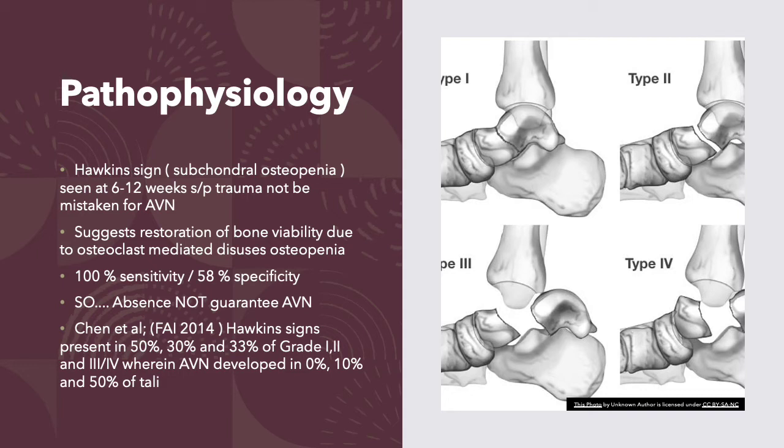And to illustrate this, Chen et al. out of Foot and Ankle International in 2014 had a study where Hawkins sign was present in 50%, 30%, and 33% of grade 1, 2, and 3/4 talar neck fractures, wherein avascular necrosis developed in only 0, 10%, and 50% of those tali. So again, the absence of a Hawkins sign does not absolutely guarantee that avascular necrosis will set in.